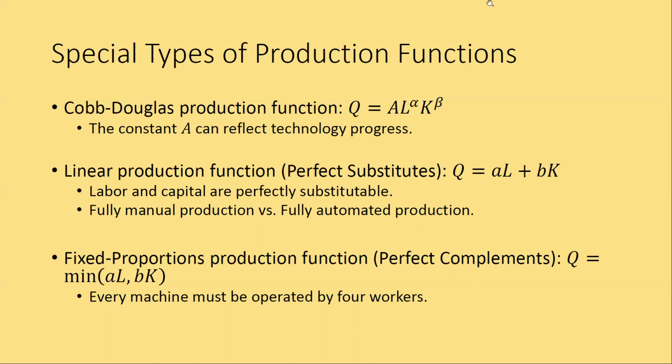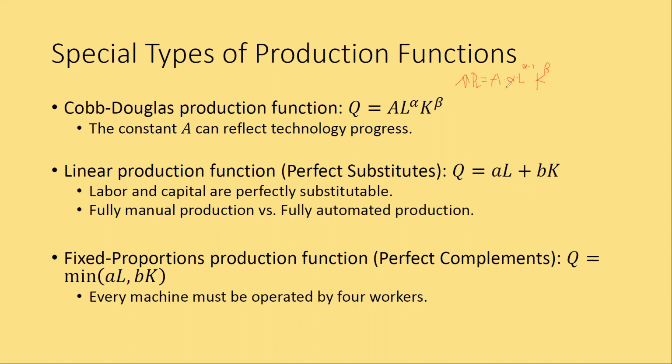And in case you have forgotten, let me just write it down here. So given this general equation, the marginal product of labor is going to be A, which is a constant, times alpha, times labor to the power of alpha minus 1, then times K to the power of beta, because we are taking a partial derivative. So we are treating the capital as constant.